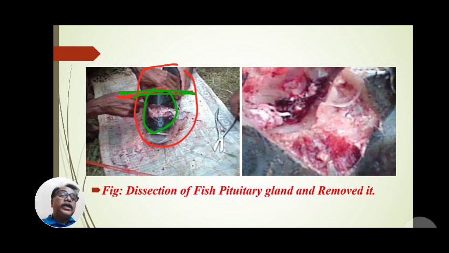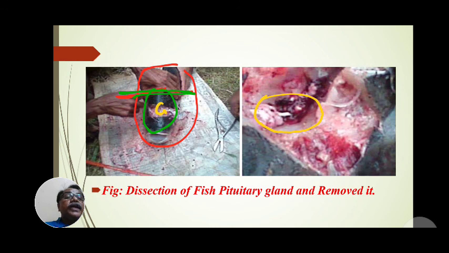It has the same potency, and these are the two figures. In this figure we have dissected the fish and can see how the fish looks. In yellow, here is the brain. In the second figure, this is the brain, shown in inverted position.